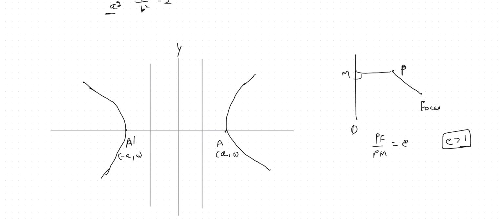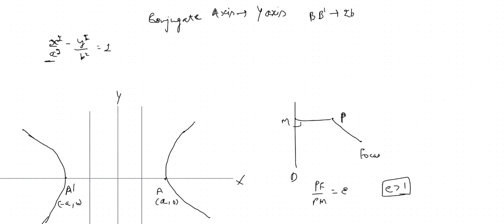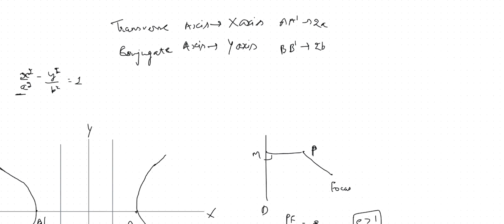Now comes eccentricity e. Eccentricity of hyperbola is root over 1 plus b square by a square. If you see, for ellipse, the eccentricity e was root over 1 minus b square by a square.